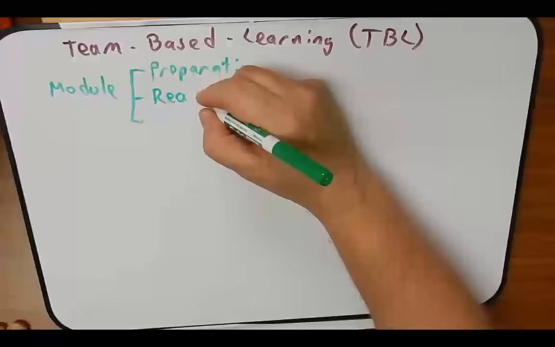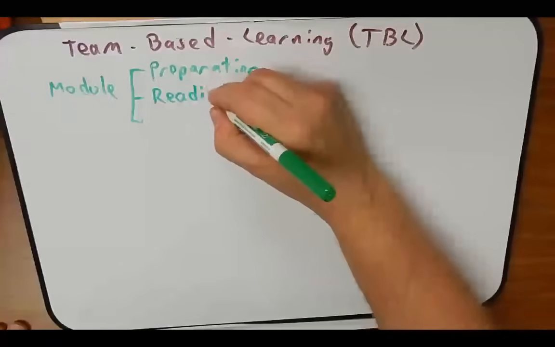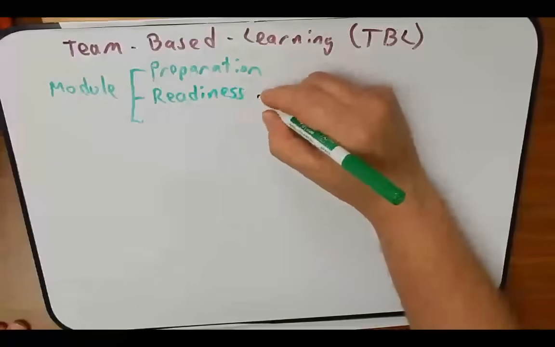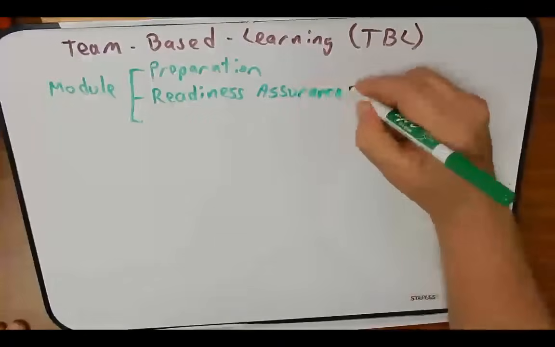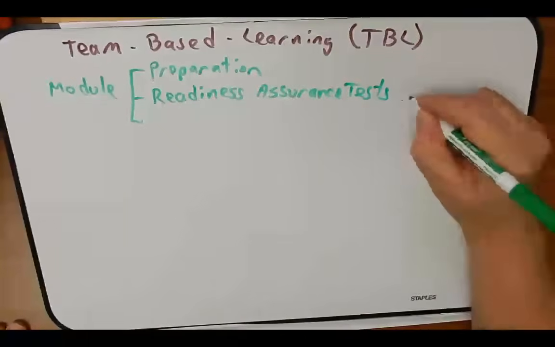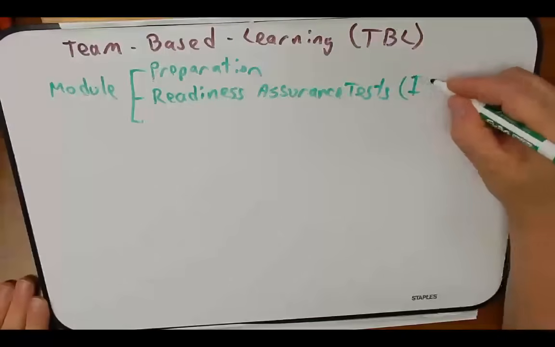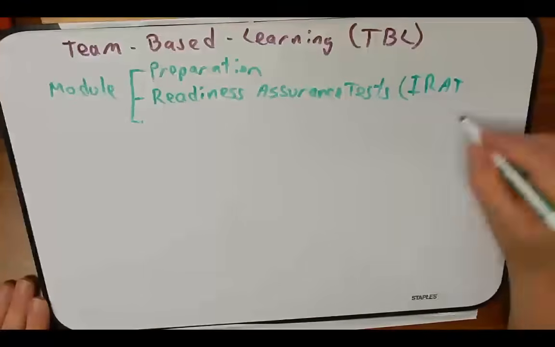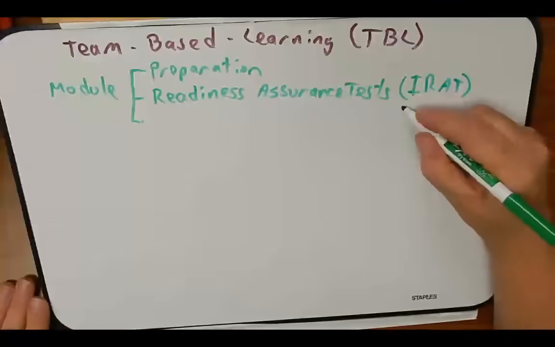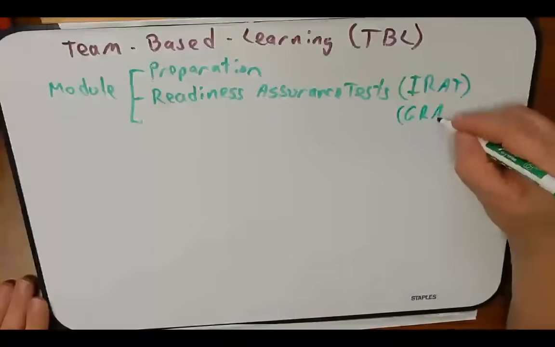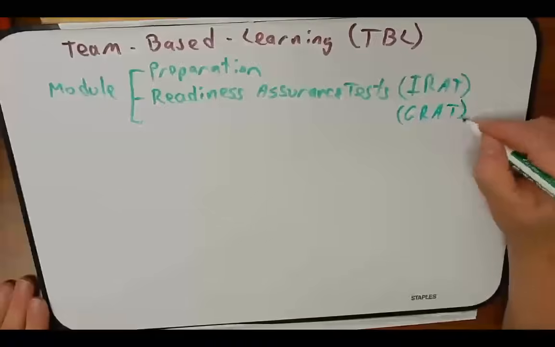We call these readiness assurance tests. And in our class, we'll take an individual, which we'll often refer to as an IRAT for individual readiness assurance test, or we'll call them GRATs for group readiness assurance tests.